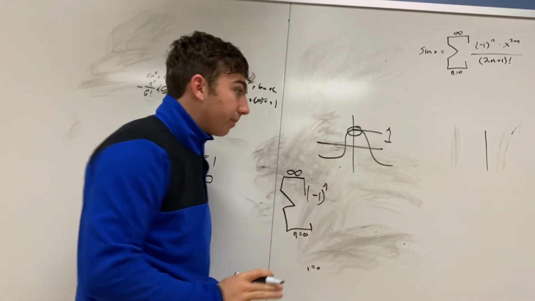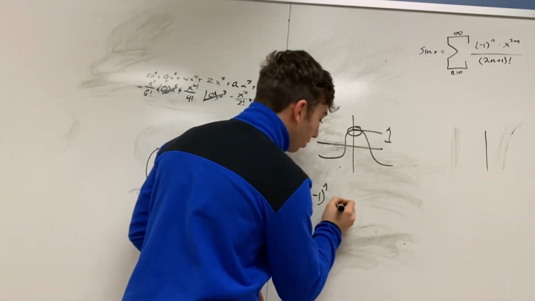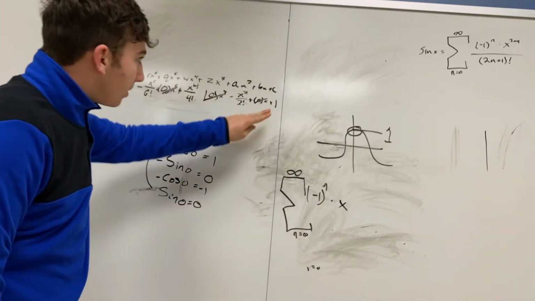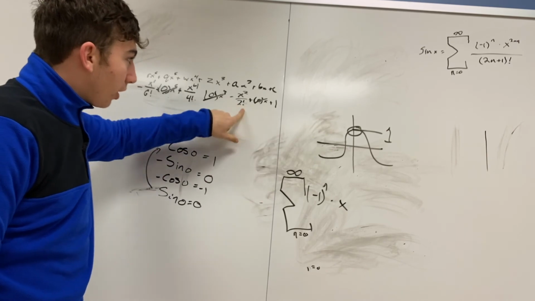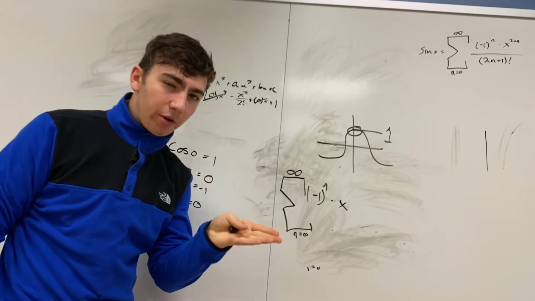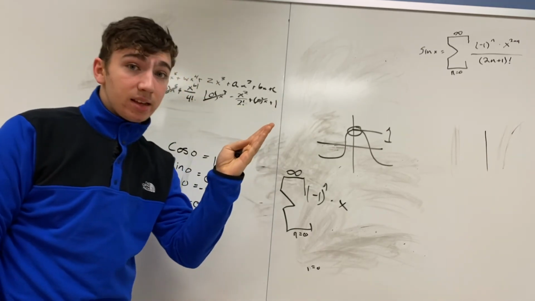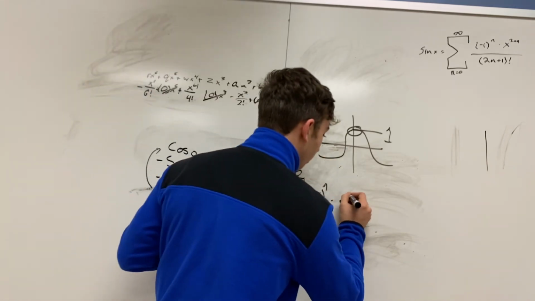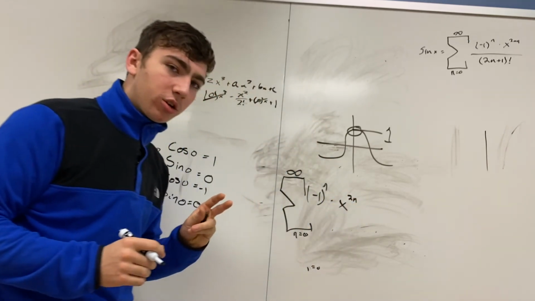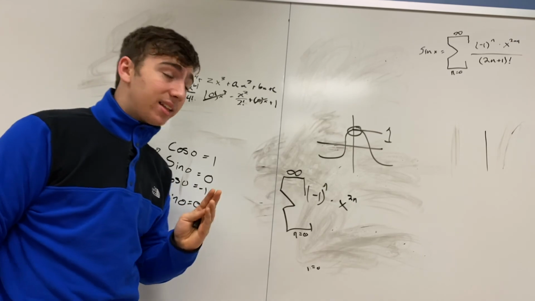So we've dealt with that. Now you have to deal with the x term, multiplied by x to the power of, now what's happening here is, because it's going up in powers of 2, exactly like the sine function, we'll put 2n. But because it's starting from x to the 0, you don't need to add that plus 1.